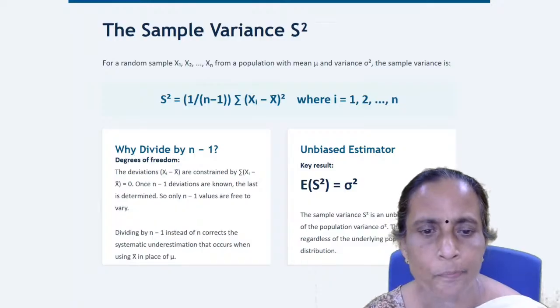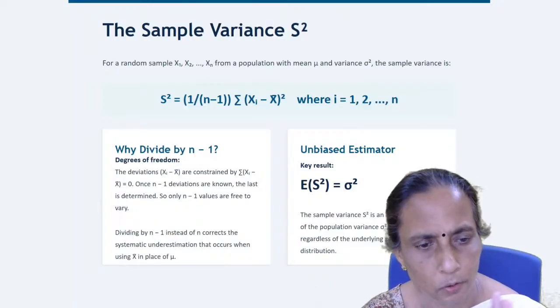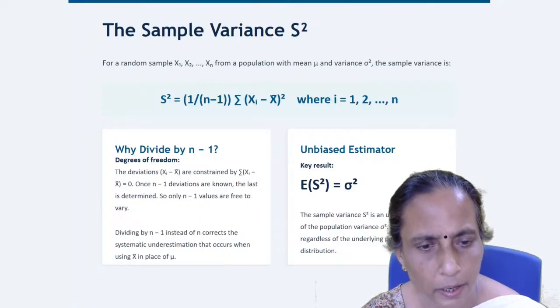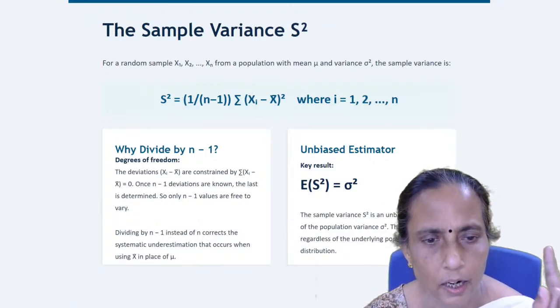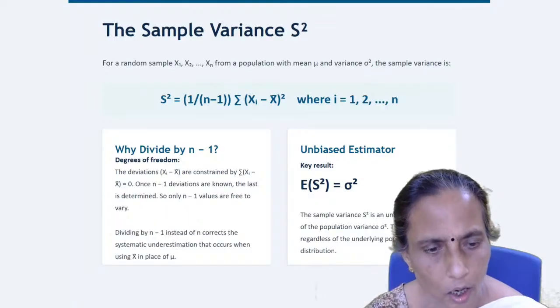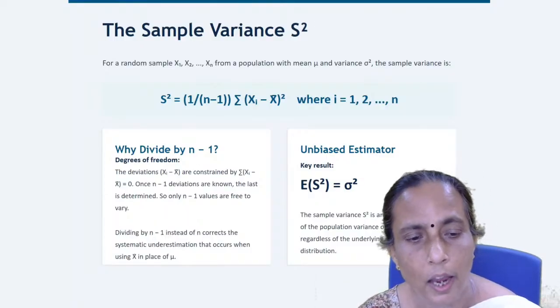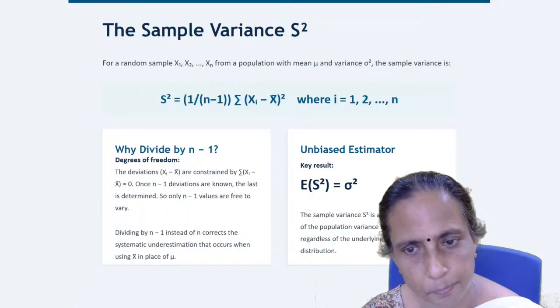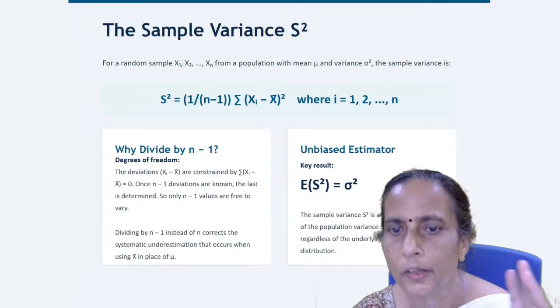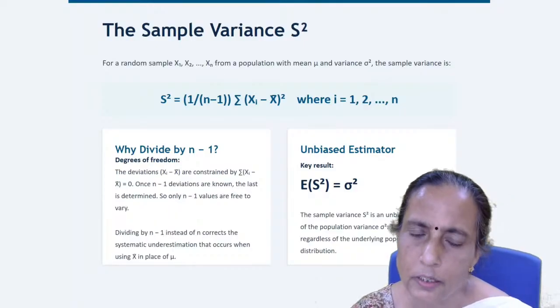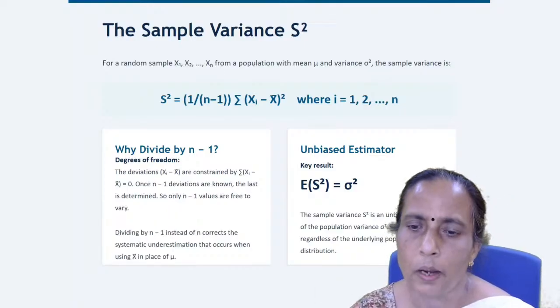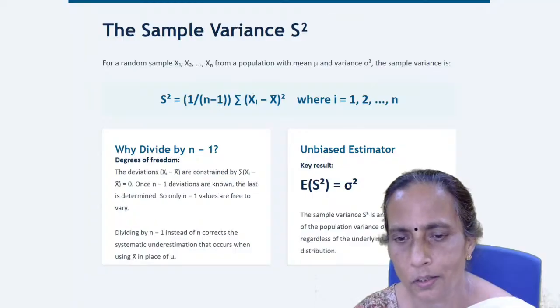Only n minus 1 values are free to vary. So dividing by n minus 1 instead of n corrects the systematic underestimation that occurs when using x bar in place of mu.